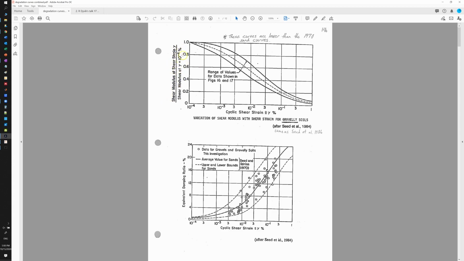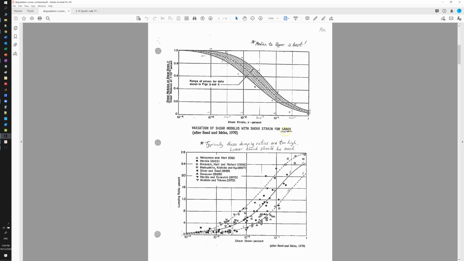And in the early days, because of the limitations of the equipment, the strain level may not be able to go as small as we can nowadays, but it's pretty impressive that back in the 80s, even the 70s, they could take that kind of small displacement measurement. So this is for the gravels, and this is for the sand.